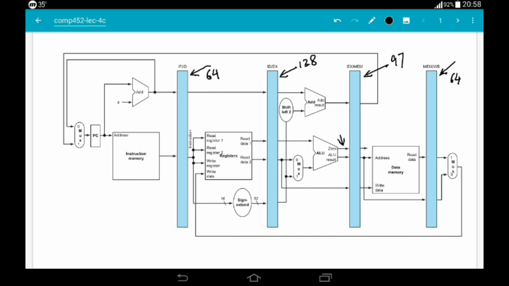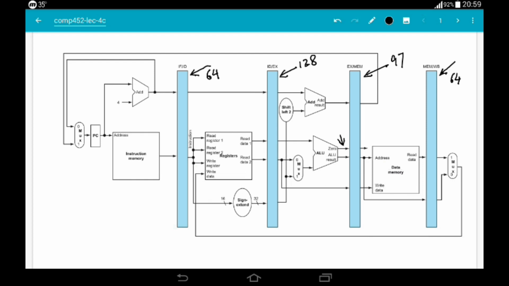In the next lecture we will run a load word instruction through this pipeline, and we will see the various stages.